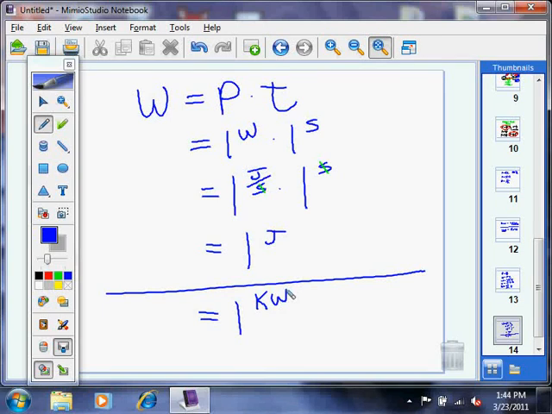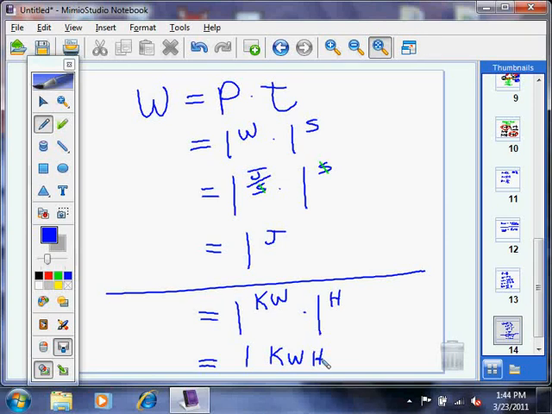And then instead of using seconds for time, the time is measured in hours. And if you multiply this out, you get 1 kilowatt hour. Now a joule is not equal to a kilowatt hour. A kilowatt hour is a much larger unit of energy. And I think it might be one of your homework assignments to figure out that conversion.